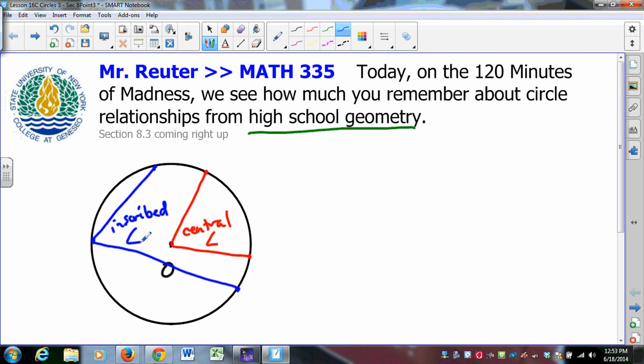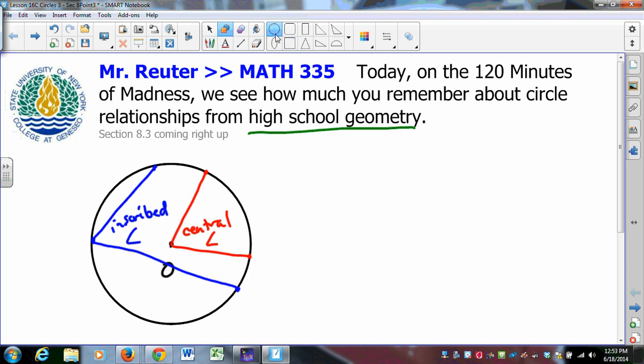Now, you may or may not remember from your work in high school that an inscribed angle is half the degree measure of the intercepted arc, whereas a central angle is equal to its intercepted arc in degree measure. It turns out that the inscribed angle is half of the corresponding central angle.